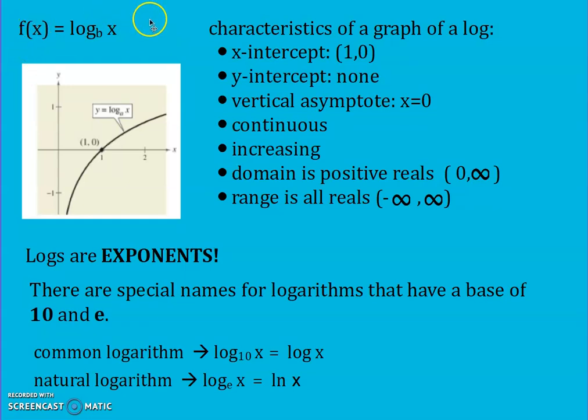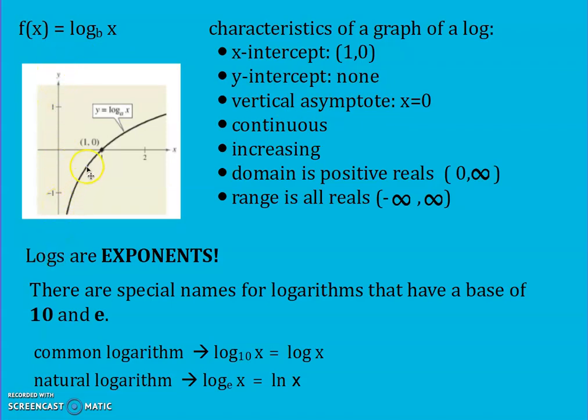What about the characteristics of the log graph? So we're looking at log base b of x. Characteristics that you're going to notice about those functions: we always have an x-intercept of (1, 0). It's going to cross the x-axis. You always have a y-intercept of none. It will never touch that y-axis. There's a vertical asymptote at x equals 0.